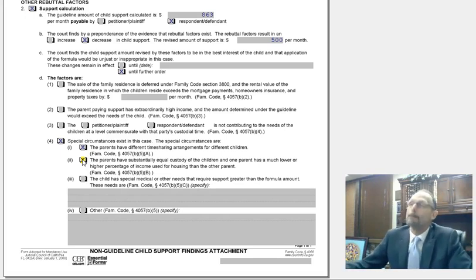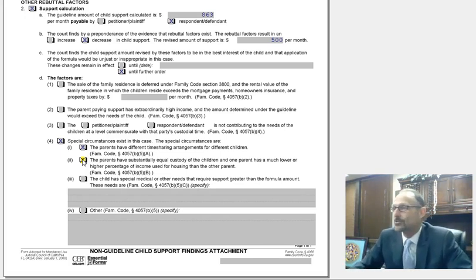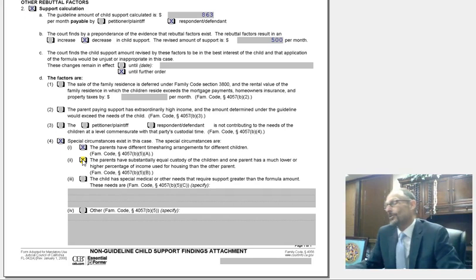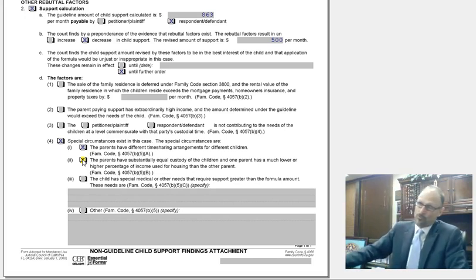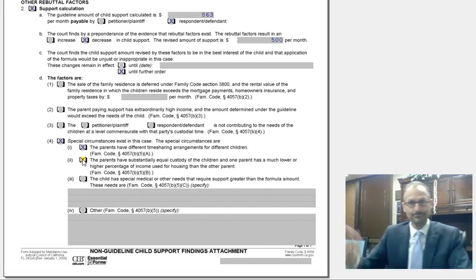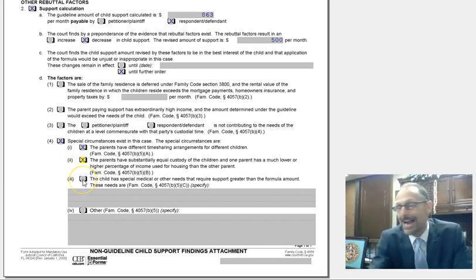But this would be for above guideline child support. So let's say the guideline support was $863, and you might agree to $1,200 a month because there's an extra $300 or $400 a month needed for that nursing care or whatever it may be. That's what sub III means.